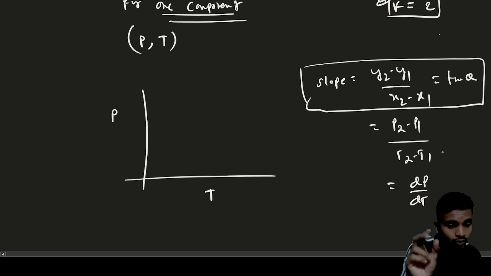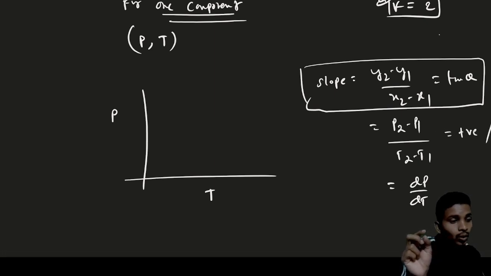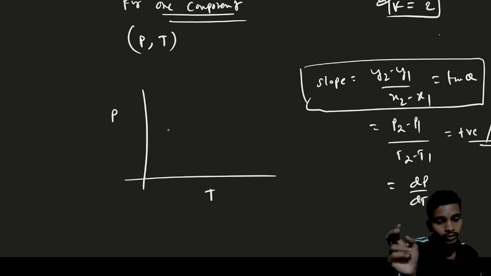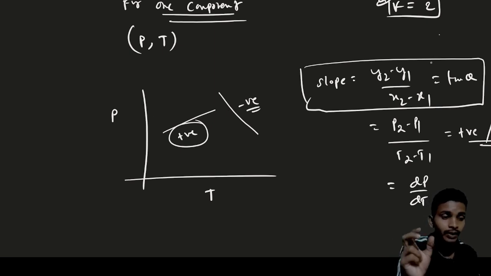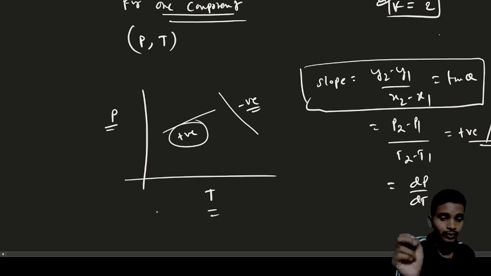And we want to know whether this slope is positive or negative, because we have to draw it like this or like this. So this is positive slope, this is negative slope. So how do you understand that? What is the slope? Actually we want to explain a point in one component systems. So for explaining a one component system, we need two variables, let's say pressure and temperature.